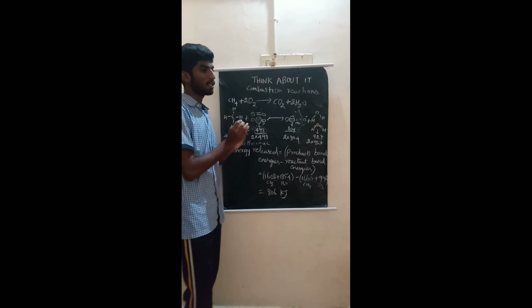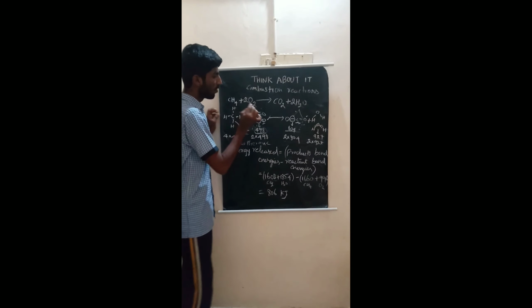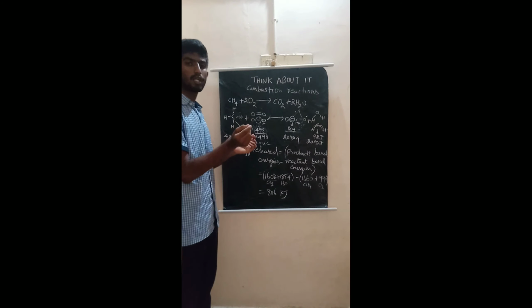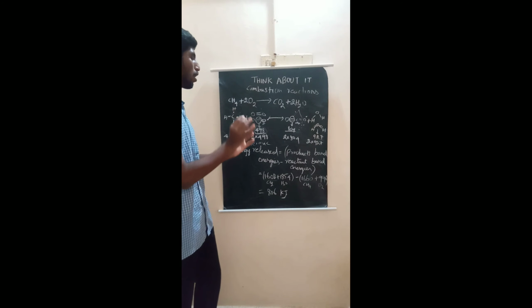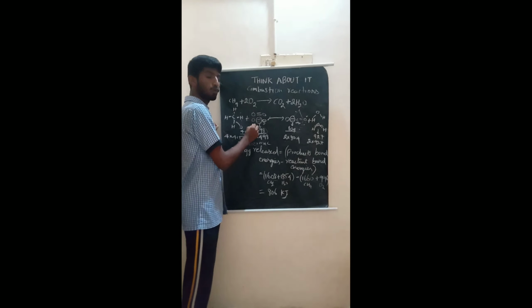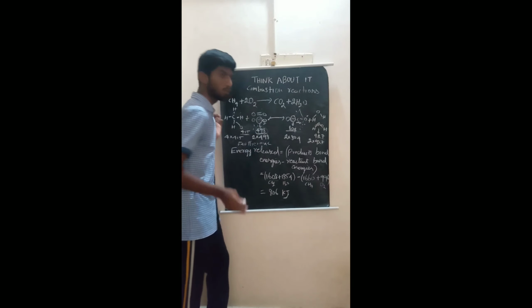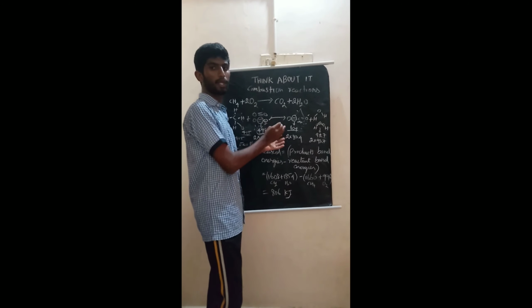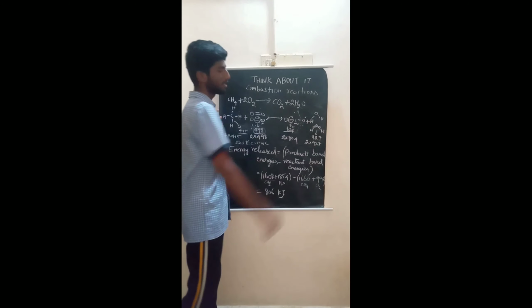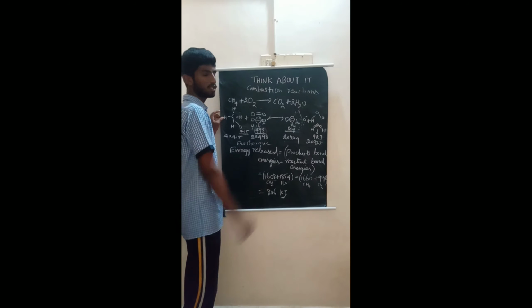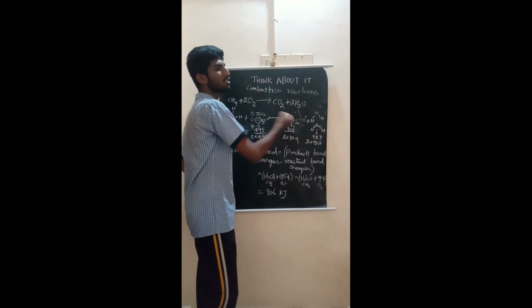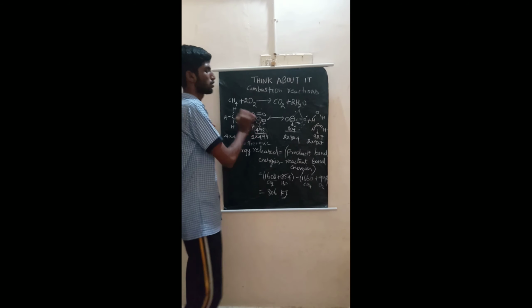From this we get the point that in carbon dioxide the oxygen atom is bonded more strongly than in the O2 molecule, because we have to give more energy. This means we have to give a lot of energy to break it, so it is more strongly bonded. Here only approximately 500 kilojoules, so it is less strongly bonded in the oxygen molecule.